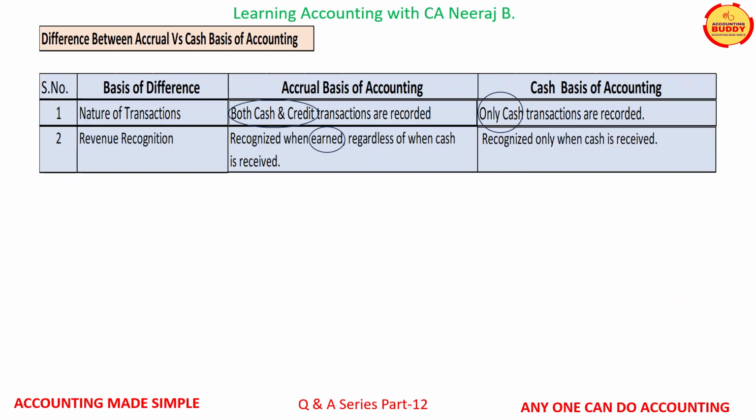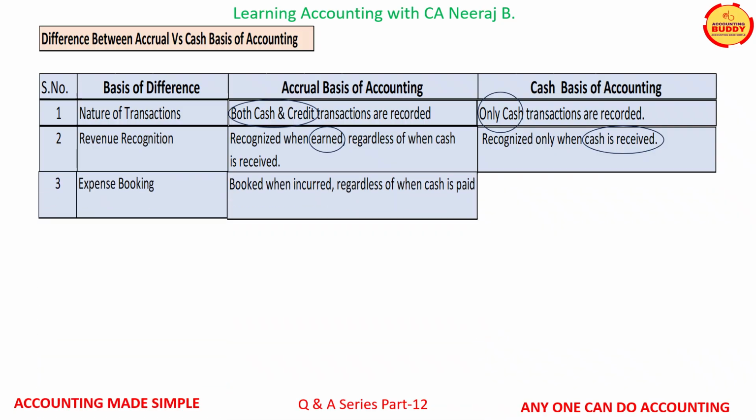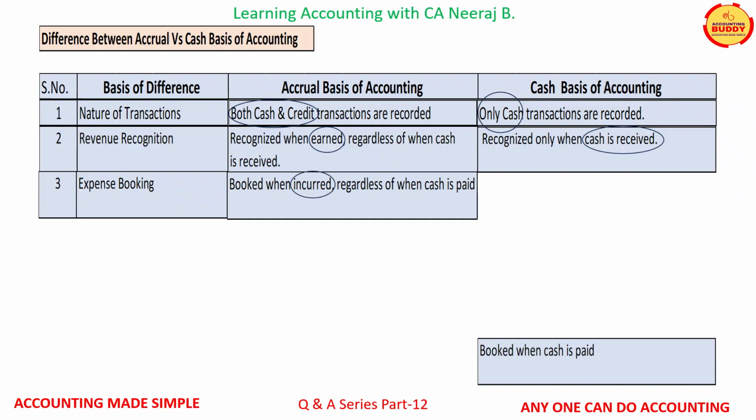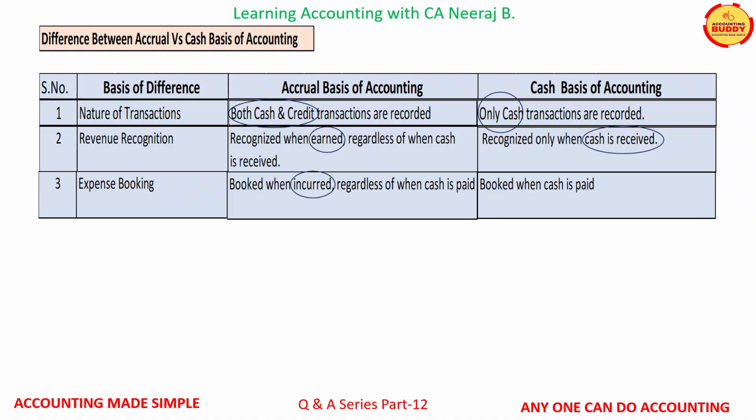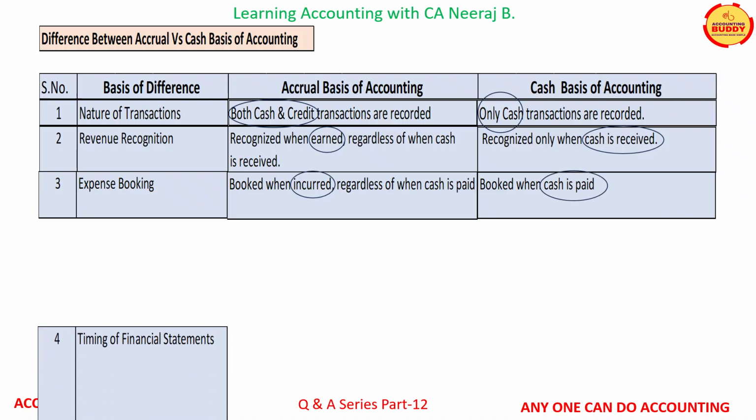While under cash basis of accounting, revenue is recognized only when the cash is actually received. Number three, expense booking. Under accrual basis of accounting, expenses are booked when they are incurred, regardless of when cash is paid. While under cash basis of accounting, expenses are only booked when the cash is actually paid.